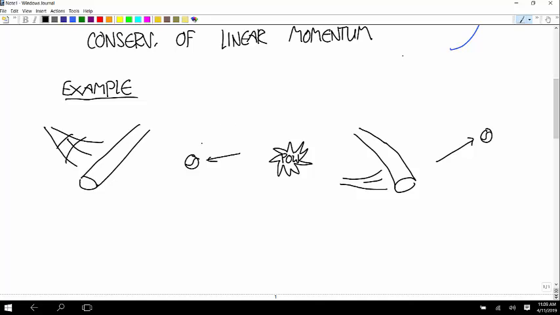So before the collision, we'll say that the ball has a velocity vector of 40 meters per second, 5 degrees below horizontal.